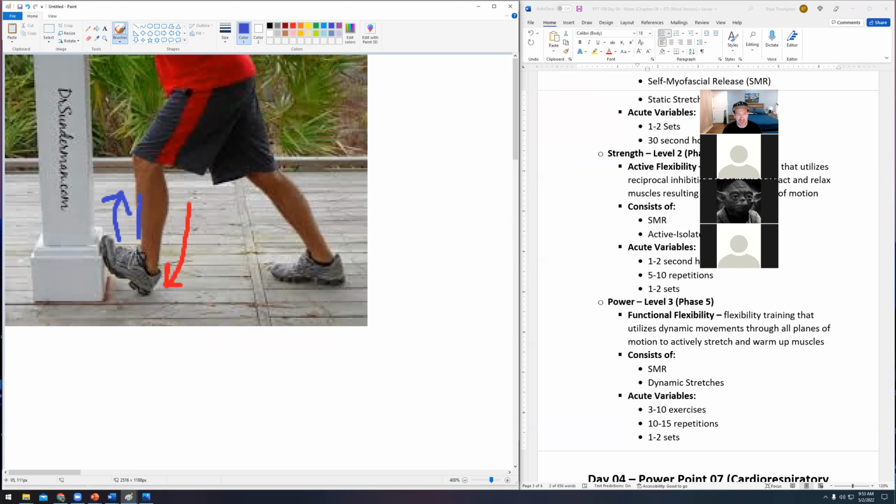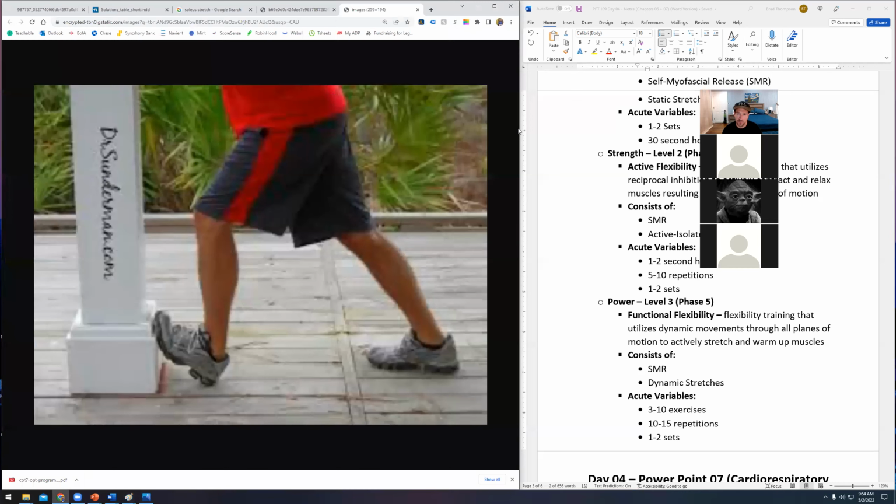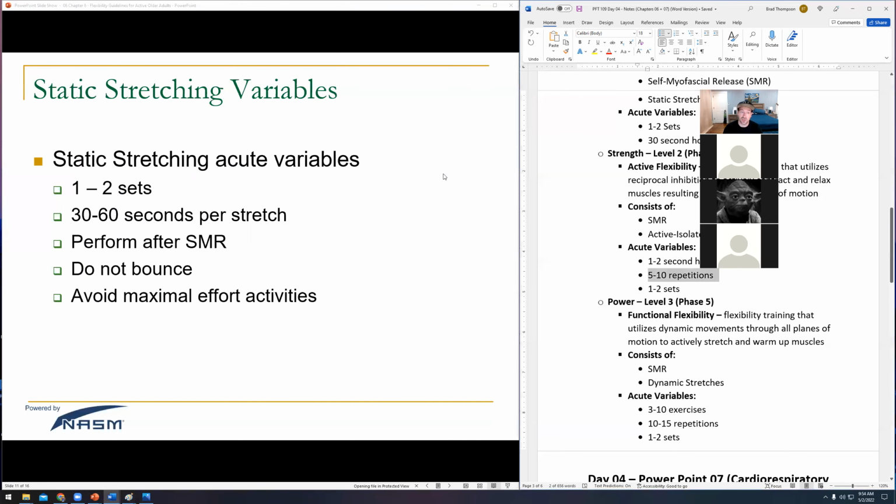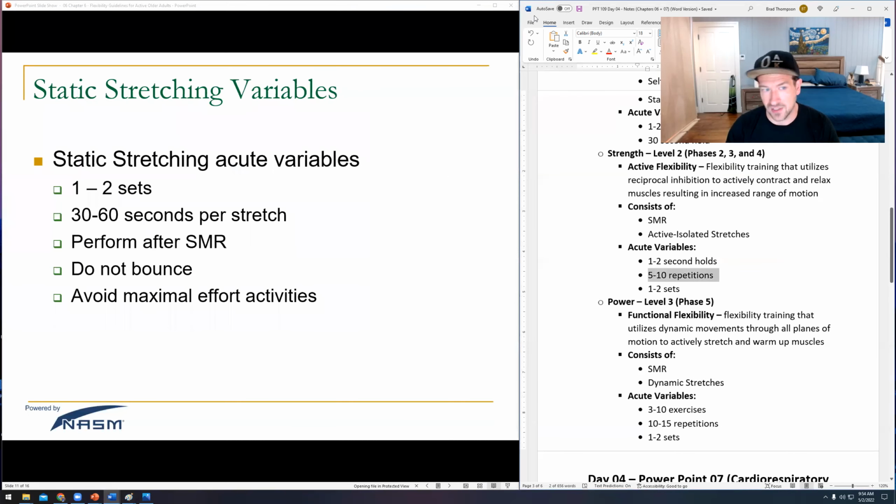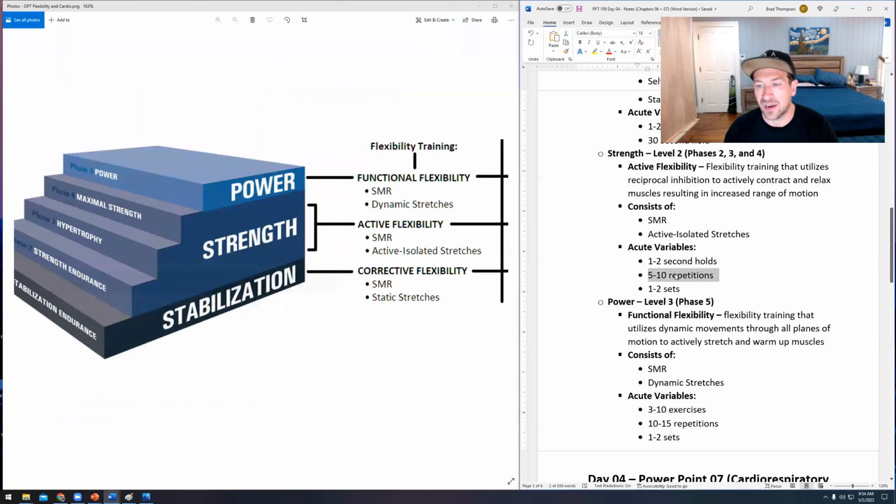He is contracting that anterior tibialis muscle while he is trying to stretch out that gastrocnemius and soleus muscle back here. That's active flexibility. So he contracts for 1 to 2 seconds and then relaxes. That is our active flexibility acute variables.